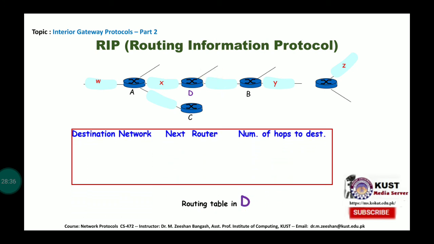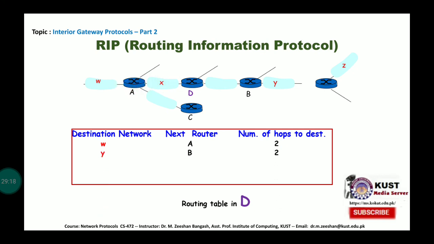Now let's consider how this routing table is updated. Here we are considering specifically this router D. We want to see how this data is updated in the routing table, considering this router D. So the destination network for this routing table D is, if it wants to reach W, the next hop is A. You can look into it, and the hop count for that is 2.